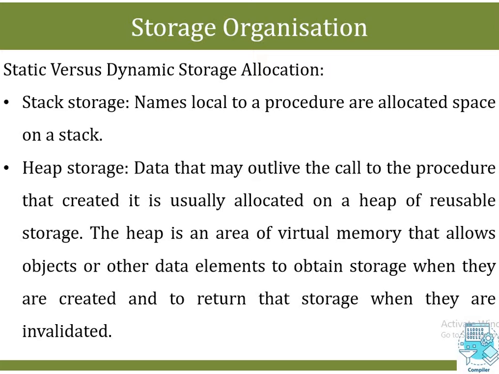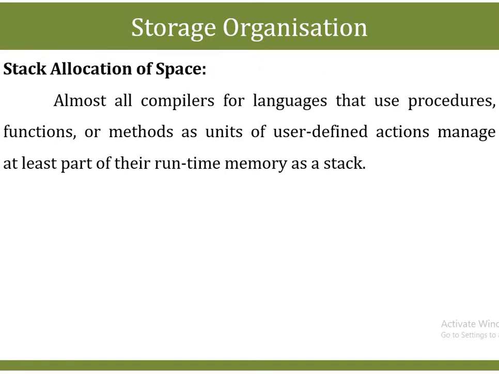Such values will be stored in the heap. Those values will not be removed once the control leaves the function. It is not like local variables. Values stored in the heap will be available till the program is in execution. So that's about heap storage.